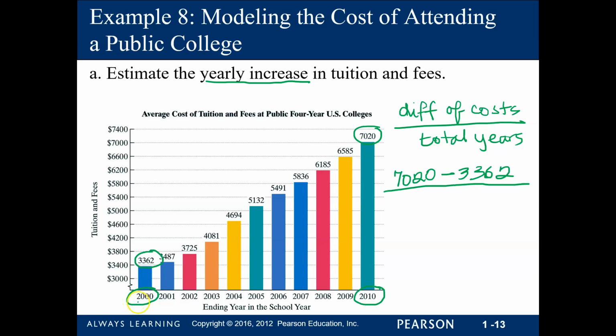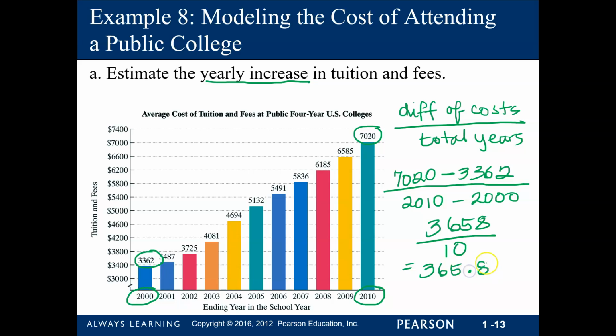As you can see, we started from 2000 and it ended at 2010. So even without doing your subtraction, we know that that is going to be over a 10-year span. If you subtract 7,020 by 3,362, that is going to be 3,658, and if you divide it by 10, that's going to be 365.8.